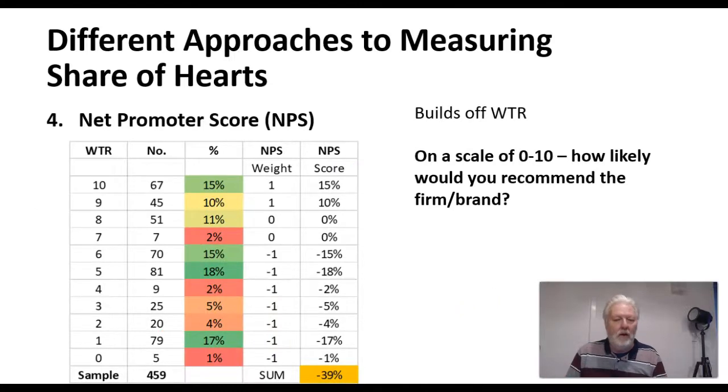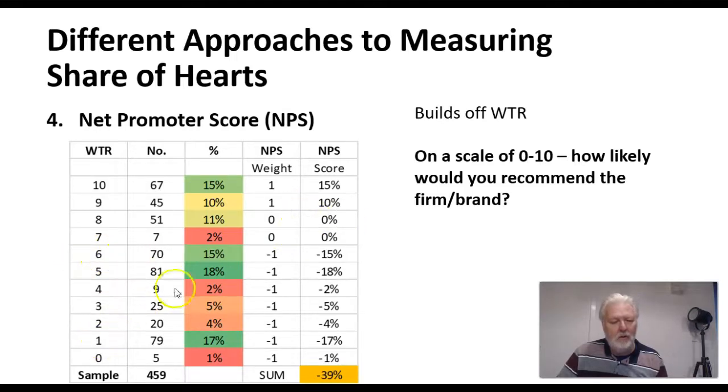Okay, so building off that is obviously the Net Promoter Score, which most of you would be familiar with. There's the rough calculation there, so exact calculation, so the same numbers. And 9s and 10s score a 1, so we take the 15% across, we take the 10% across. 7s and 8s were considered to be neutral, indifferent, so they score nothing.